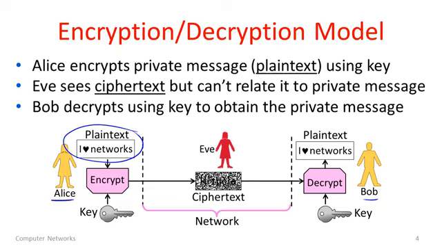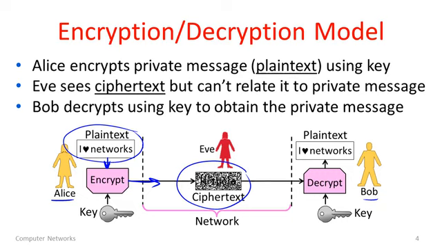Now, we can't send this plain text over the network, or Eve's job in the middle will be trivial because she'll get the message. Instead, we want to encipher it and send what's called the ciphertext. That's this scrambled message here. So what Alice will do is she will encrypt the message before sending it. And she will encrypt it using this box here, this function, which we'll look at some schemes of a little bit more in a moment.